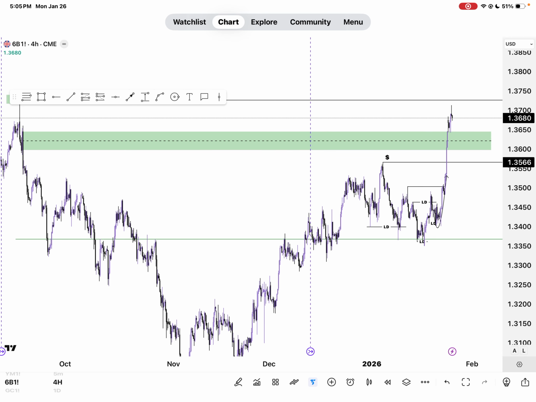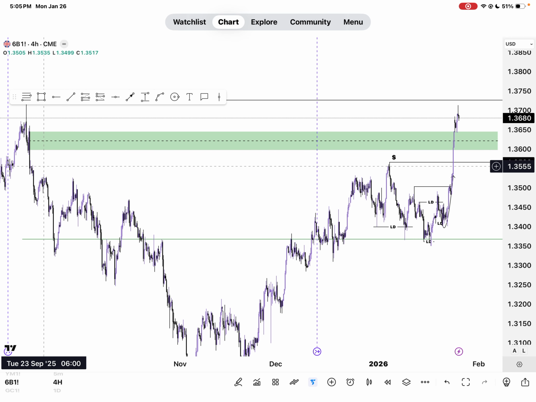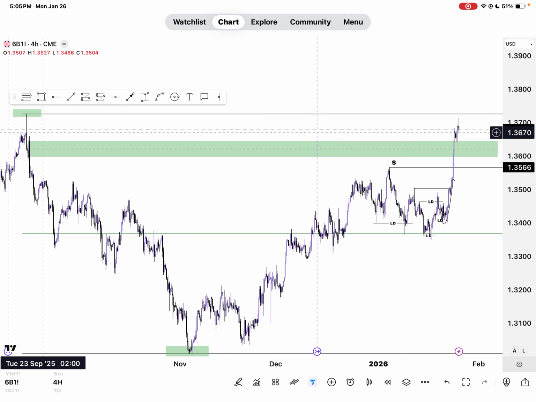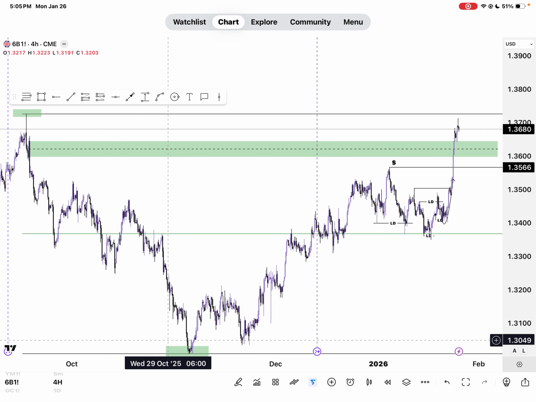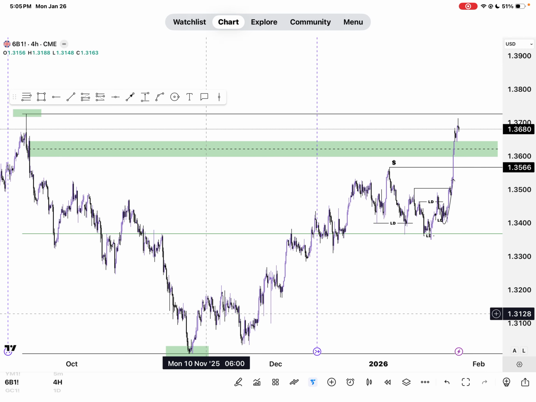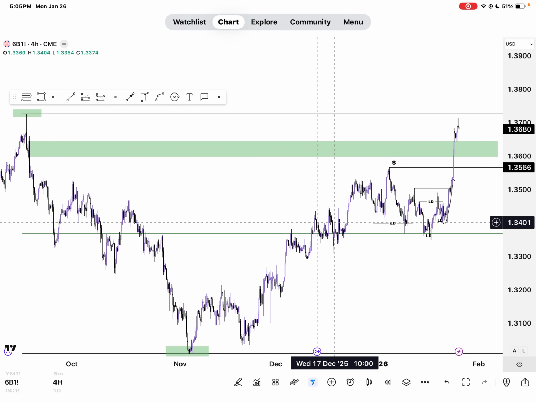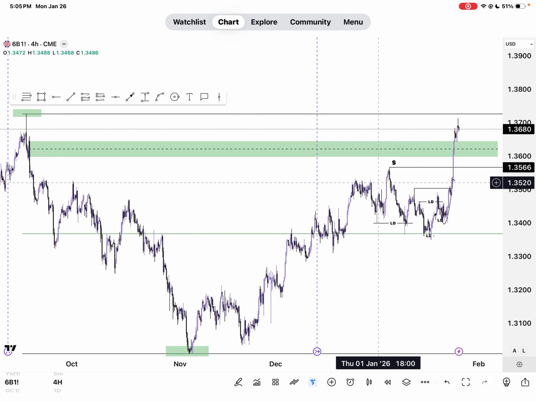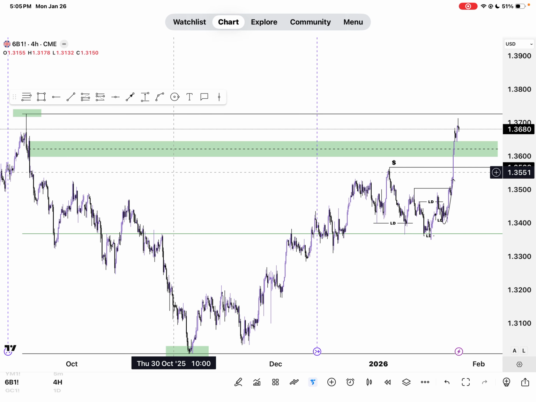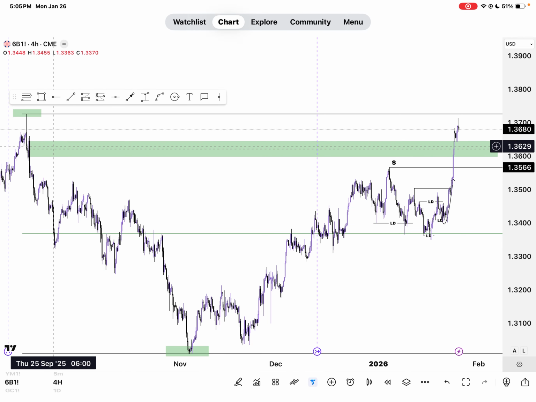Now, this is very interesting because this is going to dictate a few things. One is I had been assuming this entire time based off of structure that this was the last unmitigated area inside of this bearish price leg. And so all of this price action that formed was an attempt to get back up to mitigate this area of interest.